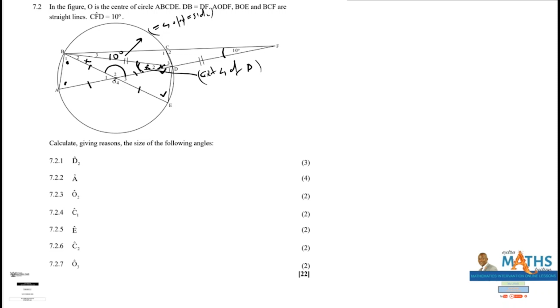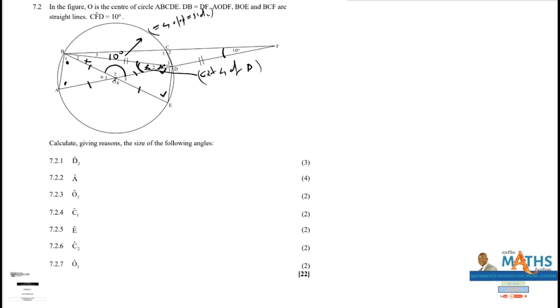If now we have D2, we can find B2. Do you agree with me? Okay, thank you so much. Let's just continue because I'm just analyzing that diagram before we read the questions. BOE and BCF are straight lines. Where is that BOE?